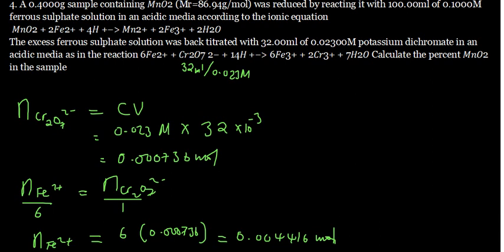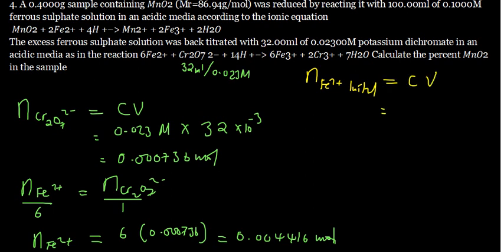Now I'm going to get back to the first reaction. Remember in the first reaction what happened? The sample of manganese oxide was reacted with 100 mL of 0.1 molar ferrous sulfate. This is the initial, so we can determine the number of moles of iron 2 plus initially. And that is given by concentration times volume.